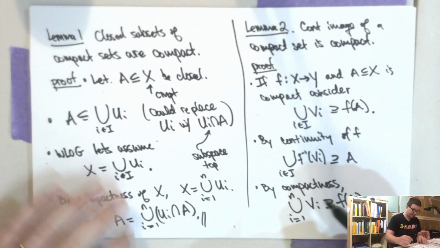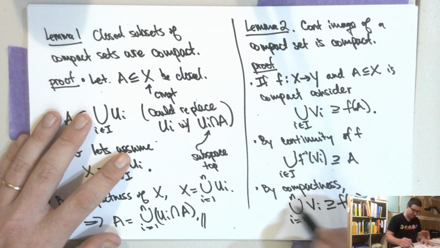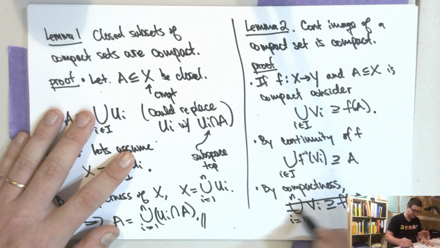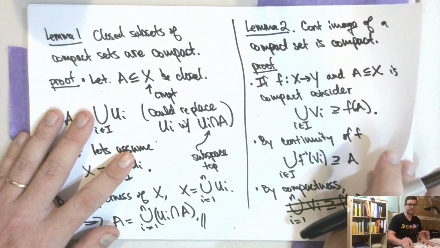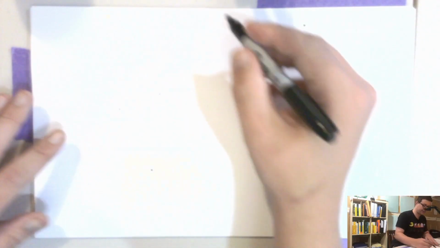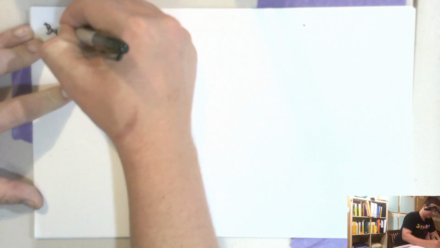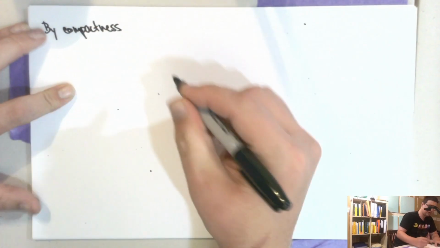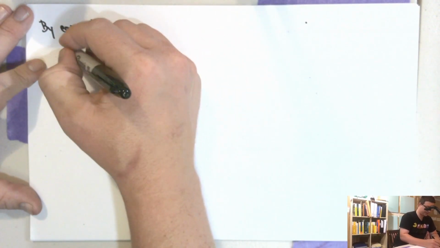Oh, sorry. I skipped a step here. Well, by compactness we have, sorry, let me just continue on the next page. So by compactness we actually have, what do we have? So we have that this union here.